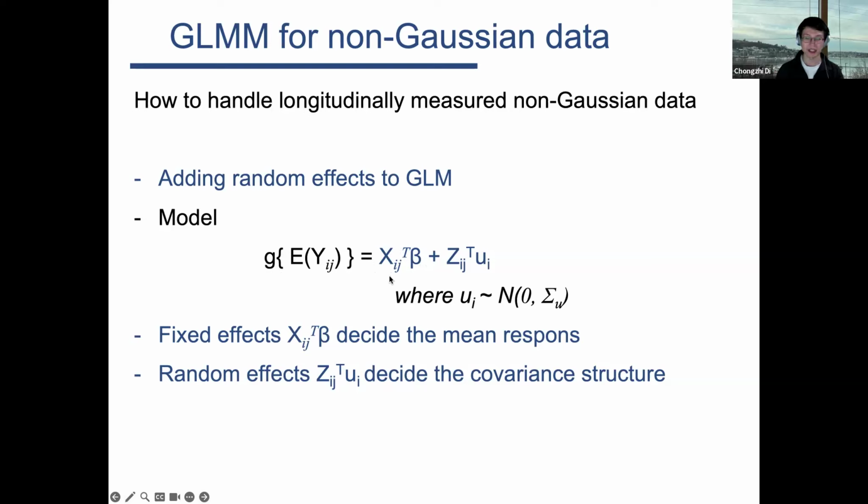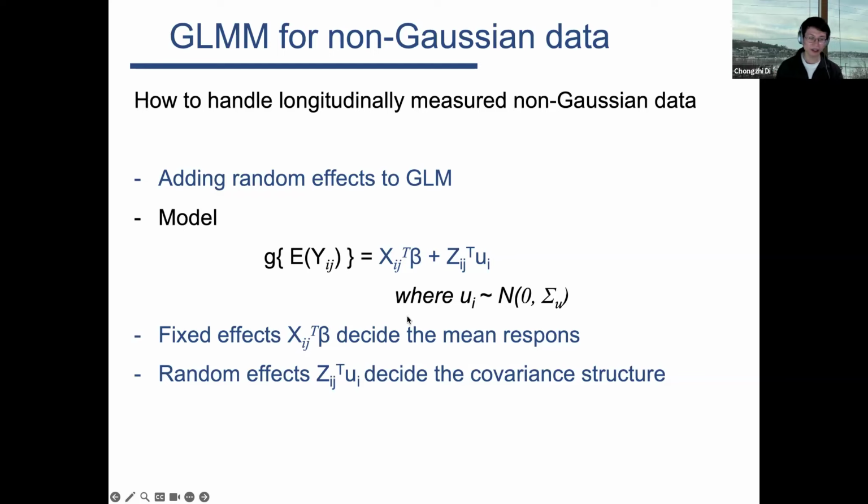In the most general form, we assume there's a random effect UI. It comes from a multivariate Gaussian distribution with mean 0 and some covariance matrix. Special examples: you can have only one random effect, a random intercept. You could have a random intercept and random slope. You could also include some of the covariates Xij in the random effects as well.